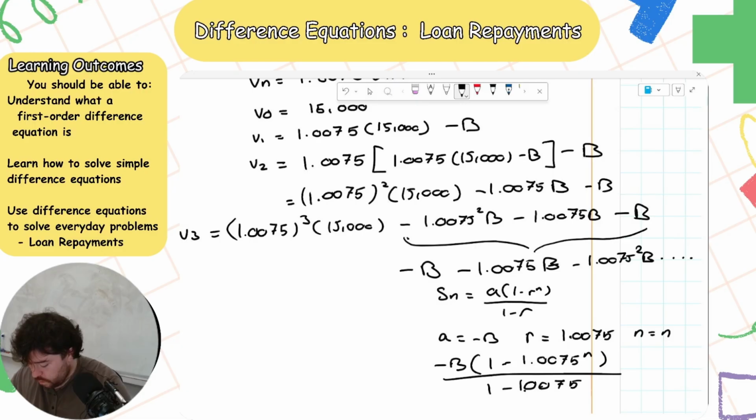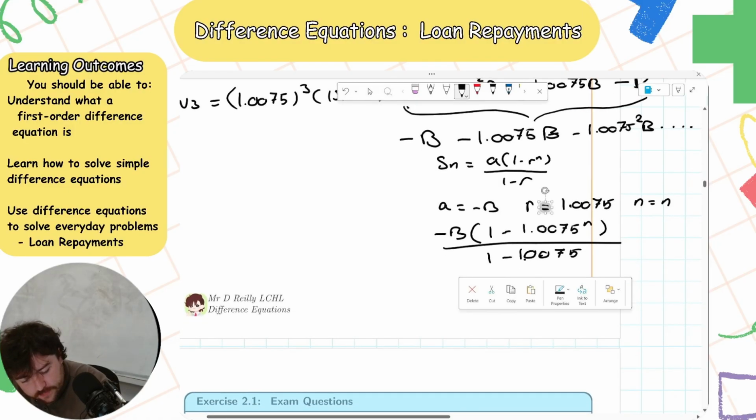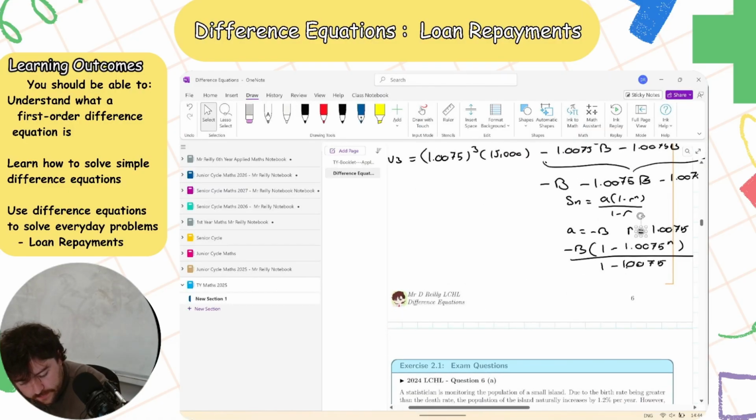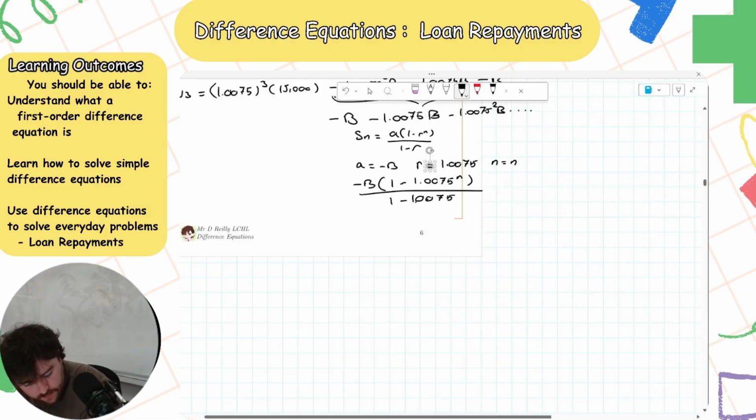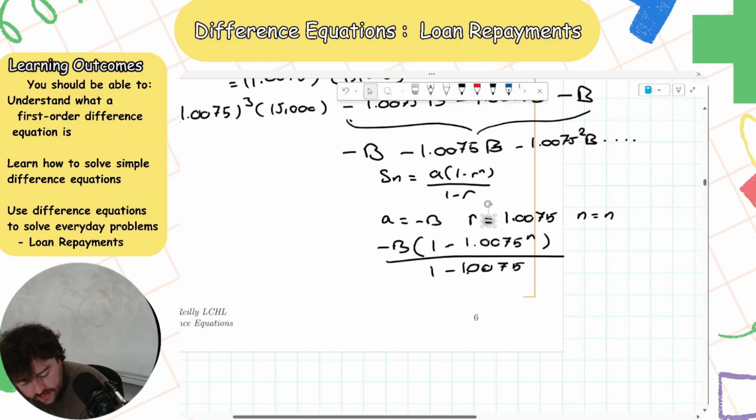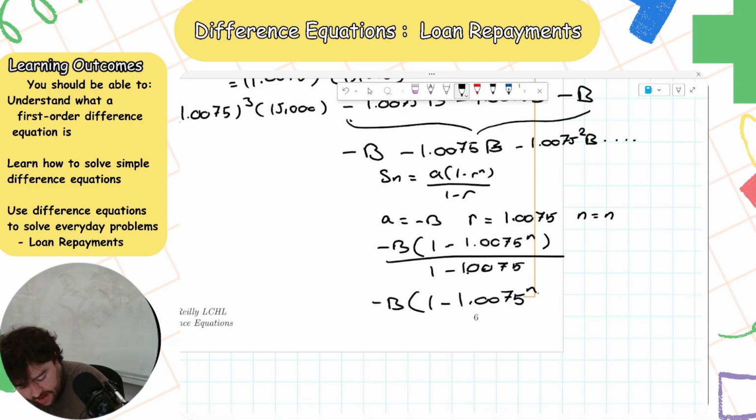So 1 minus 1.0075 is minus 3 over 400. So this here is going to be minus B, 1 minus 1.0075 to the n, all over minus 3 over 400.